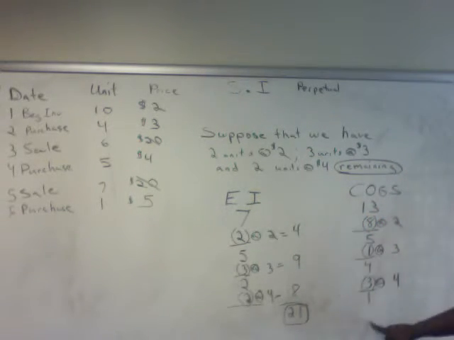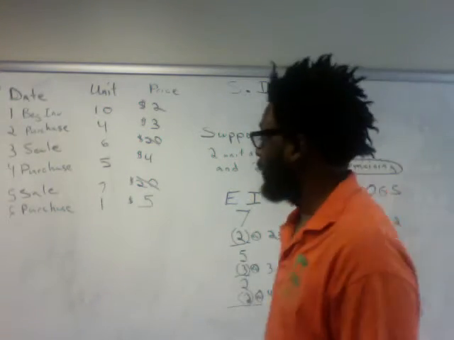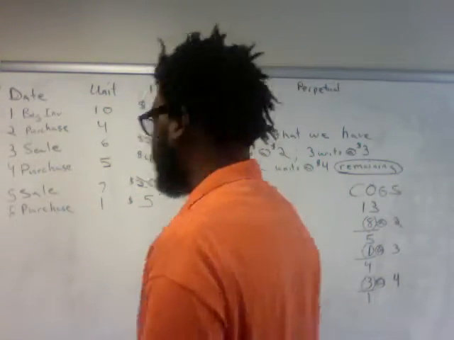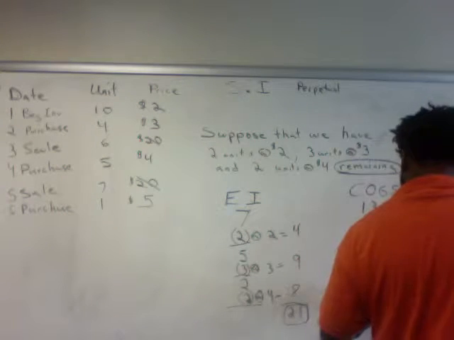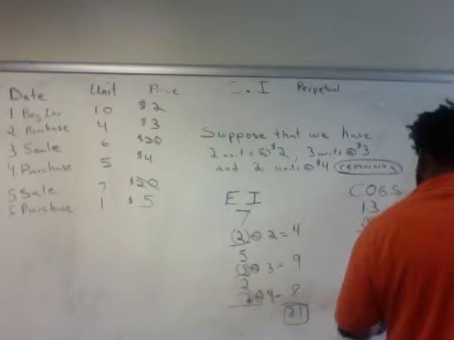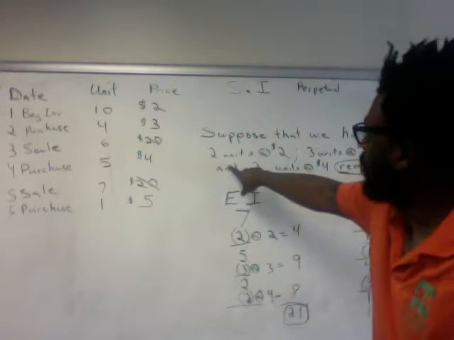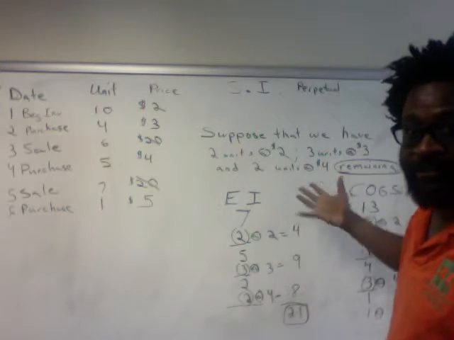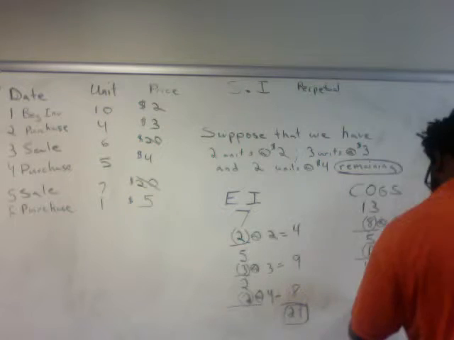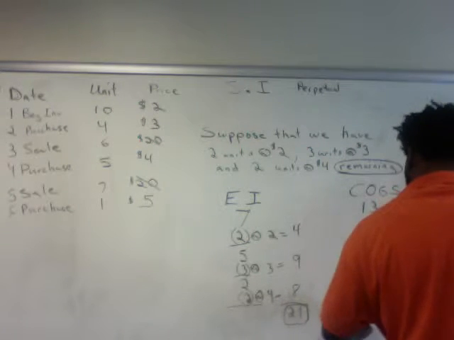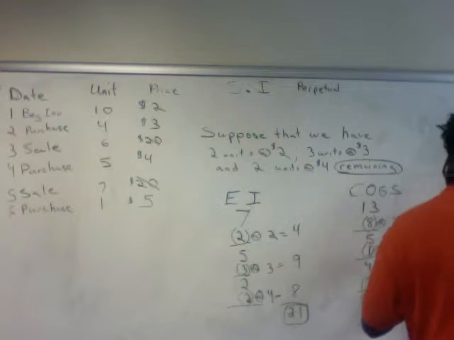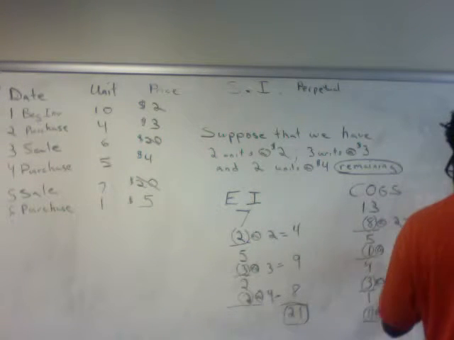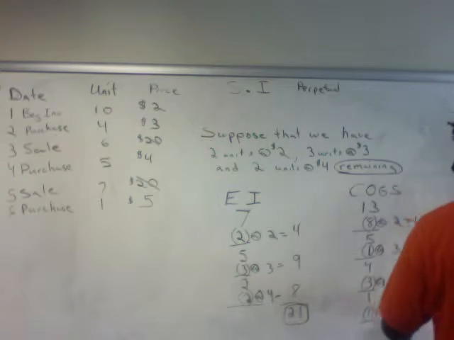Last but not least, we have 1 unit left. And of course, that 1 unit left is sitting right here with that purchase at $5. And how do we know that? Because we didn't have any remaining at $5. So we had to sell. And so logically, this could give us our correct answer. So we have 16, 3, 12, 5.